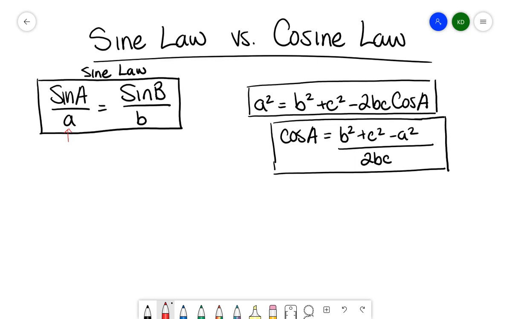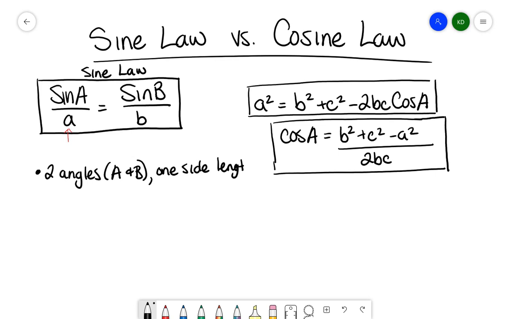So in general, there are two different cases of when I will use sine law. It's when I've been given two angles, in this case A and B, and one side length. The two angles go up on our numerators, and the side length would either be a or b, and then we could cross multiply and divide.